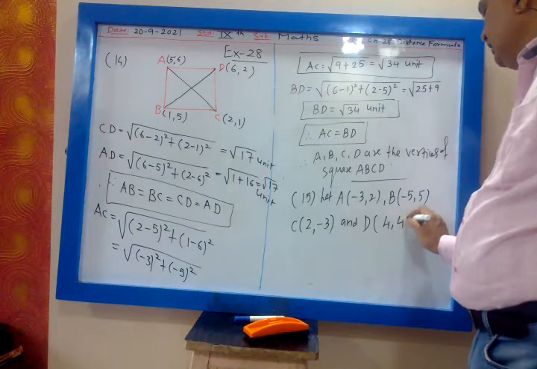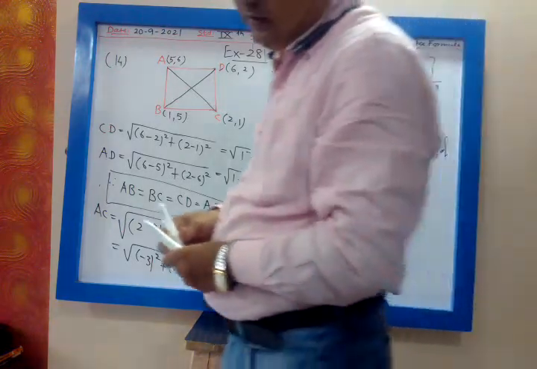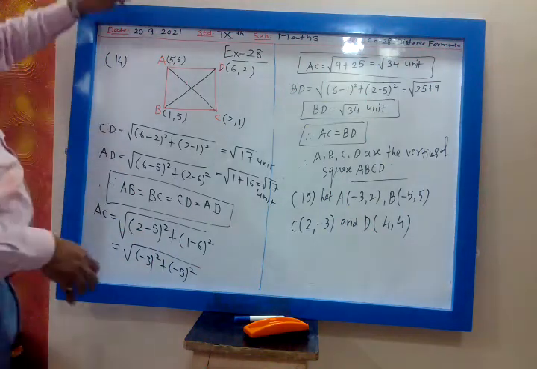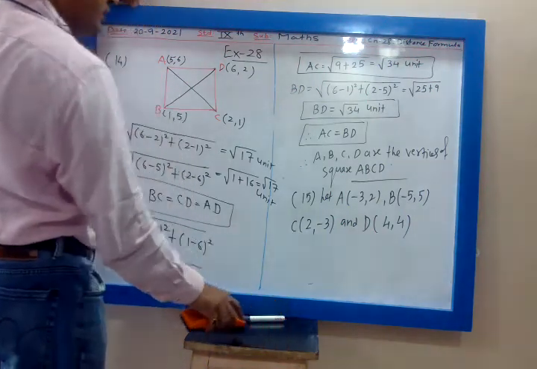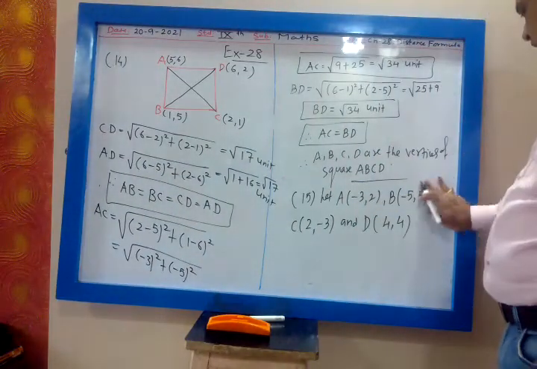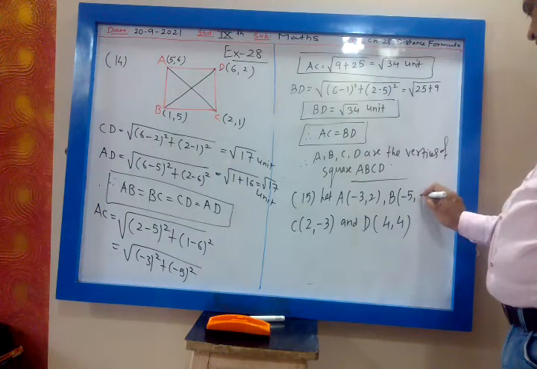Now we want to show that ABCD are the vertices of rhombus. B is minus 5, minus 5.